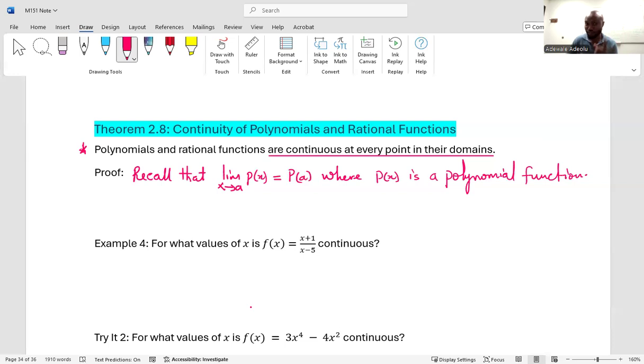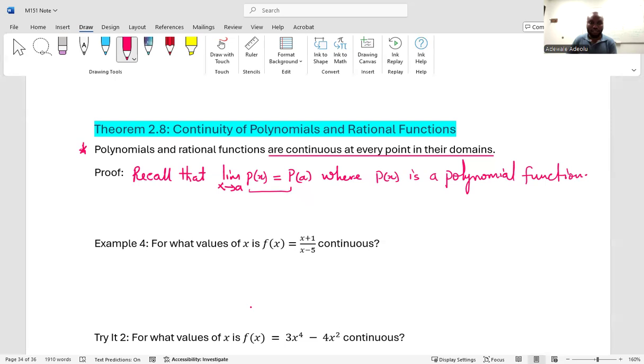So we proved this earlier that this is the case. And now look at what we have here. That is the same way we define continuity. The limit exists on the left-hand side. That is the claim that the limit exists. And on the right-hand side, we are saying that limit is exactly the value of that polynomial at the point a. So that is the proof.